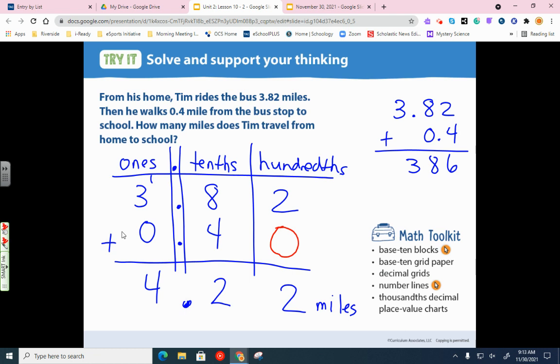Right away, you've got decimal points in 2 different spots. So either you're going to be placing it here or here, but that's not how decimals work. Remember that our decimal points are always lined up with each other. So this would be the improper way to do it. And notice we got a completely different number, 386 instead of 422. That's because our place values weren't lined up right.